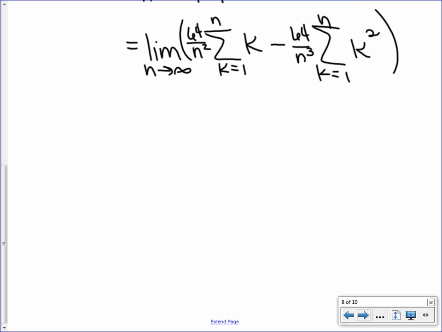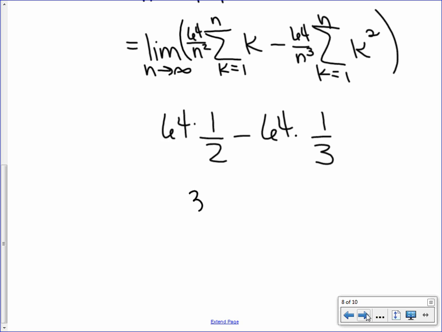So here we go. I have 64 times, what is the limit as n approaches infinity of 1 over n squared times the sum of k? That is 1/2. Minus 64 times 1 over n cubed times the sum of k squared. The limit is 1/3. So we have 32 minus 64 thirds.